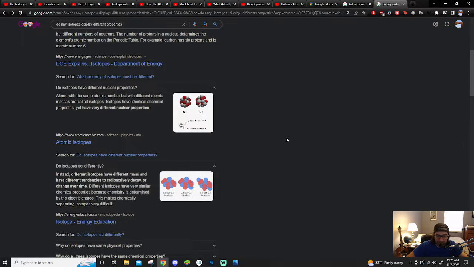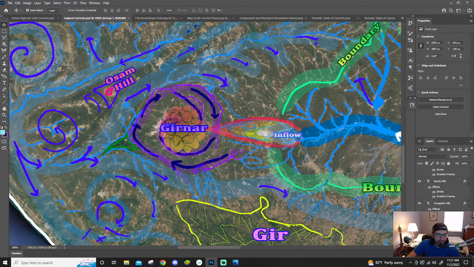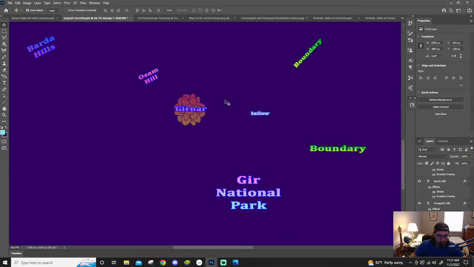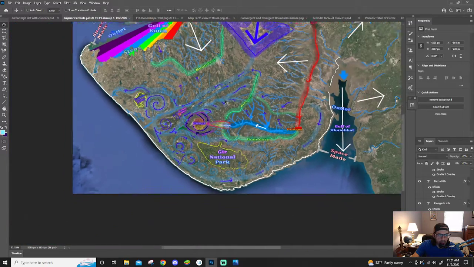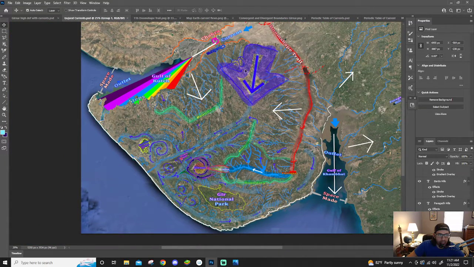Some things happen like that, where as soon as someone thinks about it, it's like, oh guys, there's this thing we've been missing. Like Girnar, there's evidence for some currents in this region and a mantle being punctured.